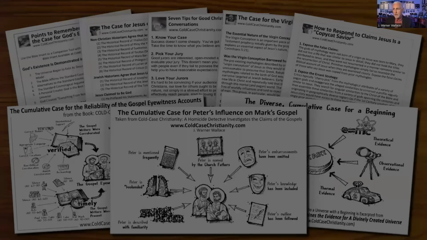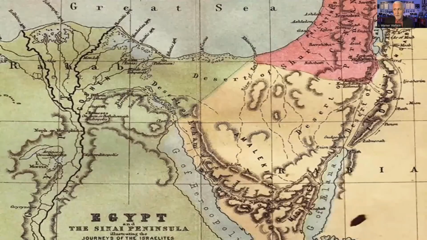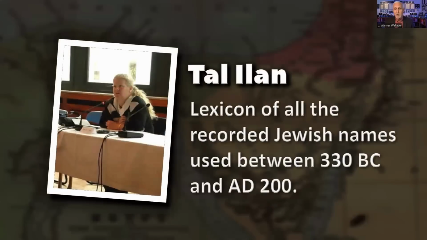Let me give you the last investigative practice, and that is you got to add to the case evidentially. And we do this even when we make a case for Christianity, make a case for the reliability of Scripture. And I talked about this earlier when we talked about the names. Remember, Tal Ilan is the scholar who made a lexicon of all the recorded Jewish names between 330 BC and AD 200.